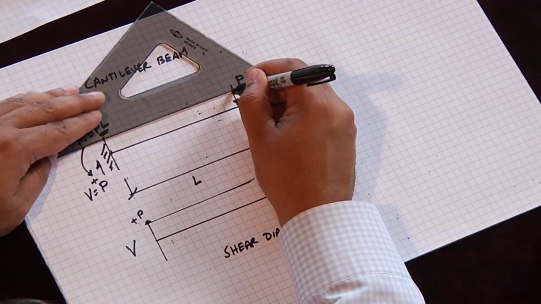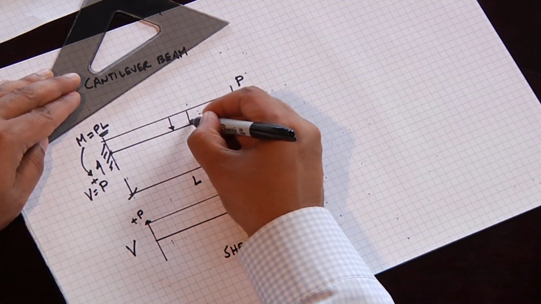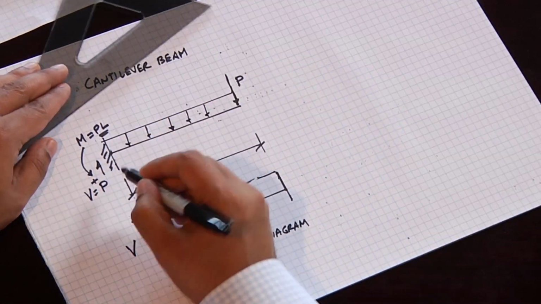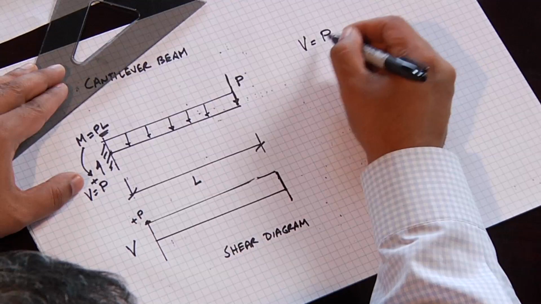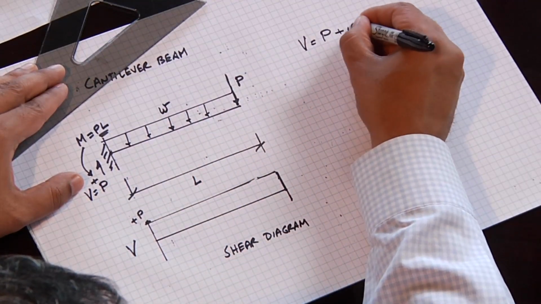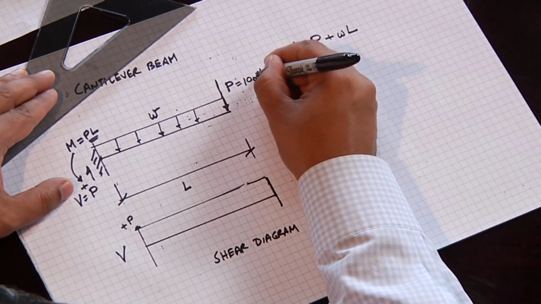If I wanted to make this a little bit more complicated, I could add a uniform load on here. And then what would happen? Then our end reaction, V, becomes P plus, and let's make this W, WL. Let's attach some numbers to this. Let's make P 100 pounds.